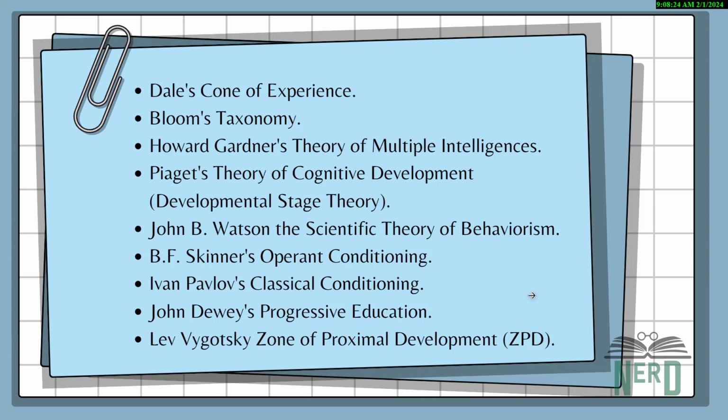Anyway, next, we have Piaget's theory of cognitive development. It's all about how kids think and learn as they grow up, right? And he broke it down into stages, and we are also going to cover these stages. And then there is John B. Watson, who you might have heard about, with the scientific theory of behaviorism, right?